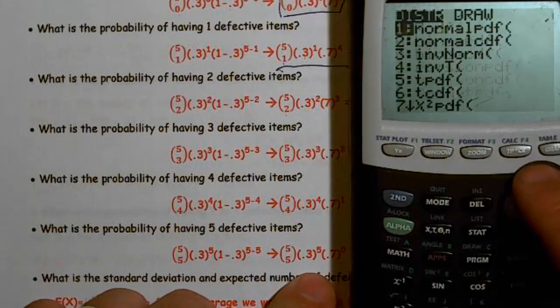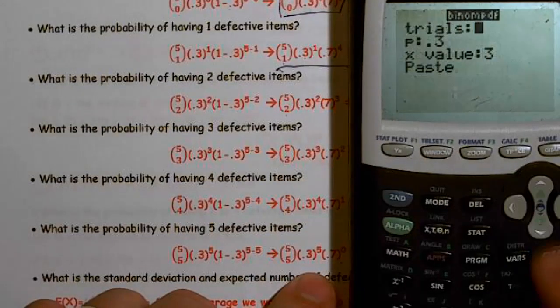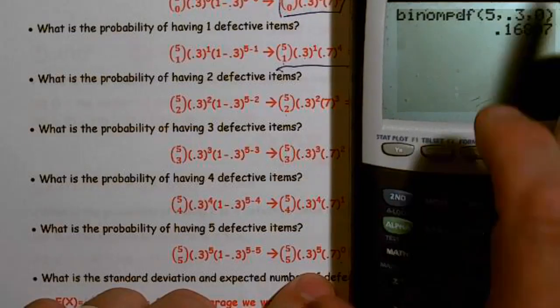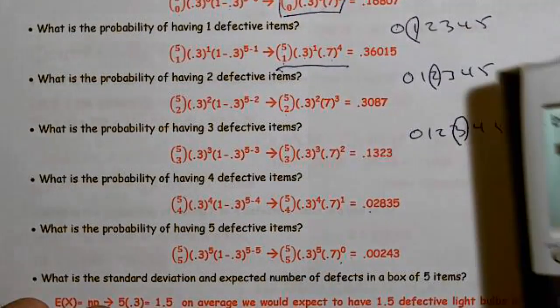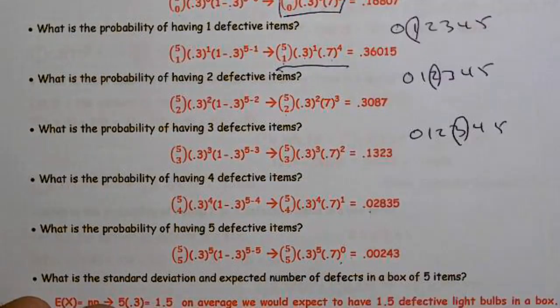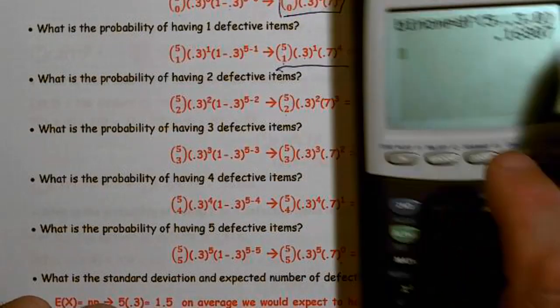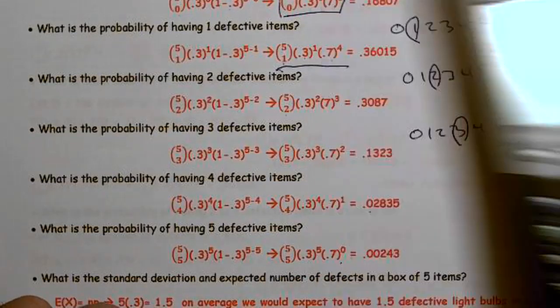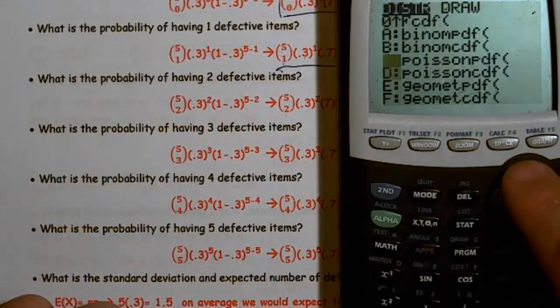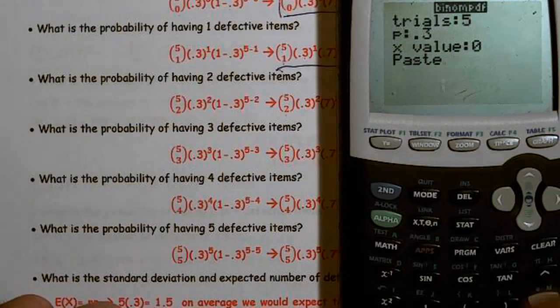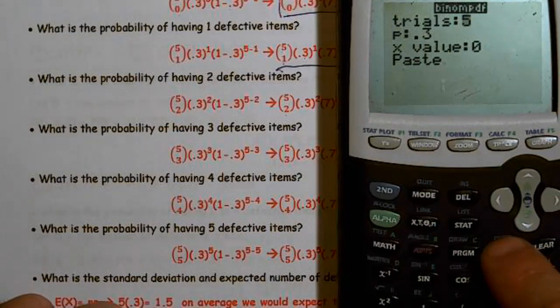second vars, binomial PDF, our X value is 0, and it works exactly the same way. Not sure what happened there, so I'm going to quickly rerun that. Second vars, possible that I have a typo. 5 trials, probability, oops.